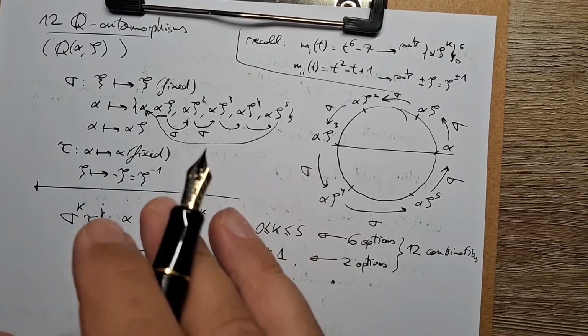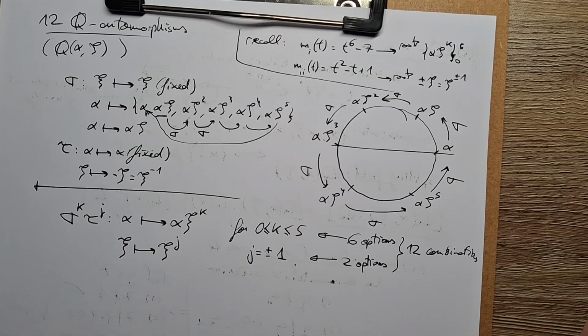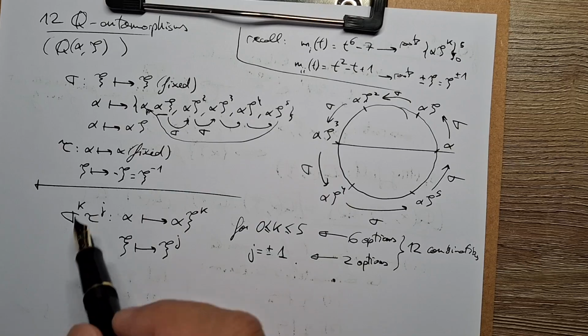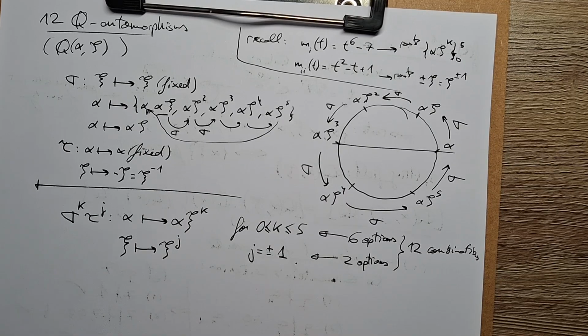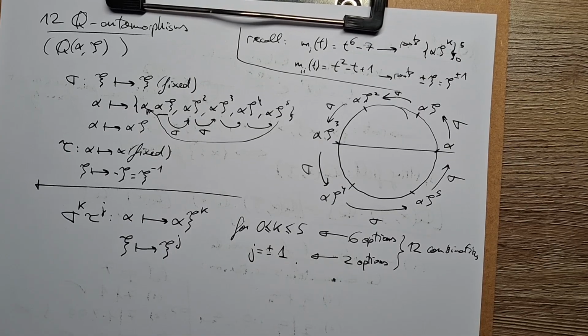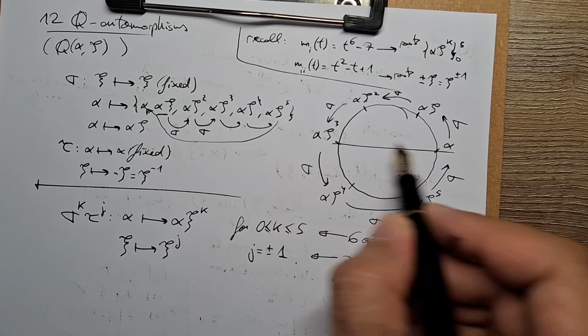So the set of Q-automorphisms that we want to find is just the combination of these 2 Q-automorphisms and their powers, so that we obtain the 12 Q-automorphisms.